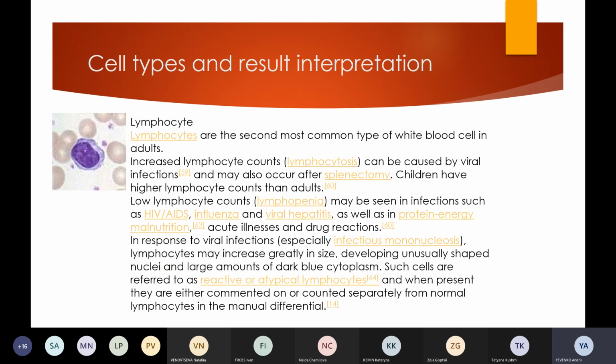The second most important white blood cells are lymphocytes. They are usually elevated when we have some kind of viral infection. And it's important to note that COVID-19 is also a viral infection, and sometimes they can increase during this infection. Usually, if the infection is not severe, lymphocytes do not increase very much.